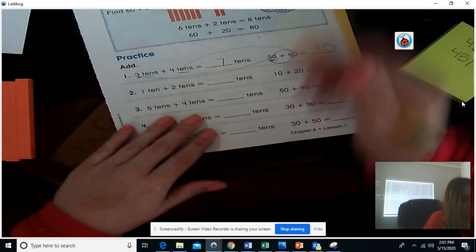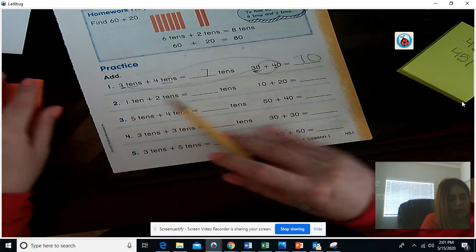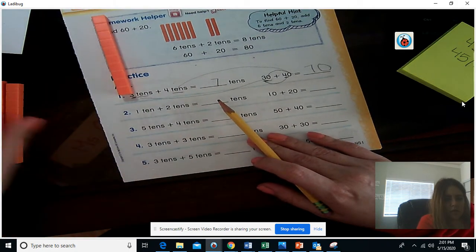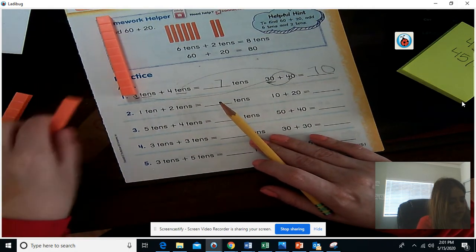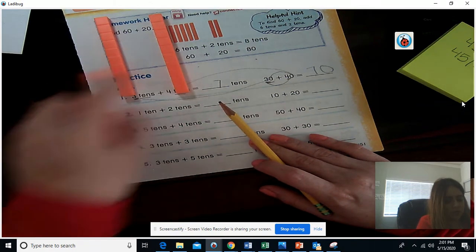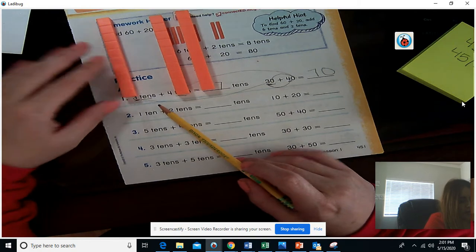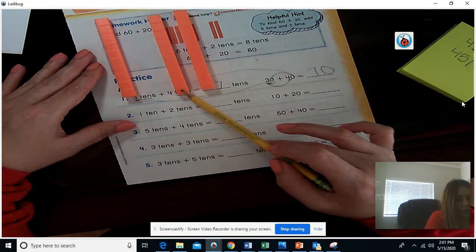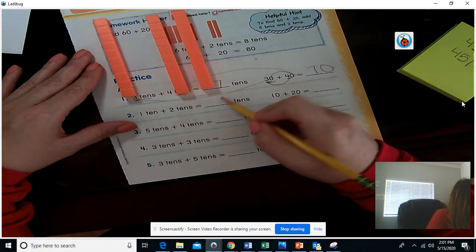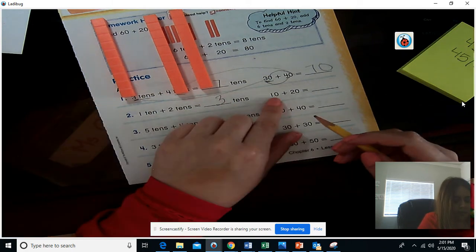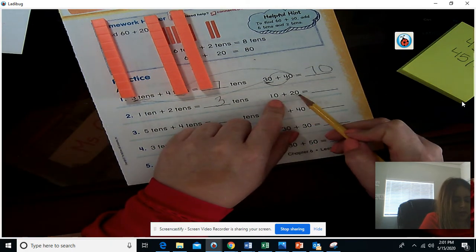Okay, let's do number 2. 10 plus 2 tens. 1, 2. How many tens is that? That's 1, 2, 3 tens. And 10 plus 20.